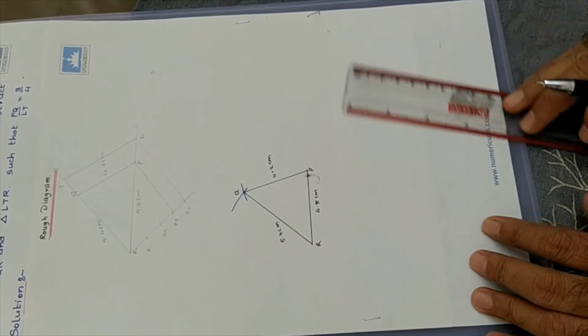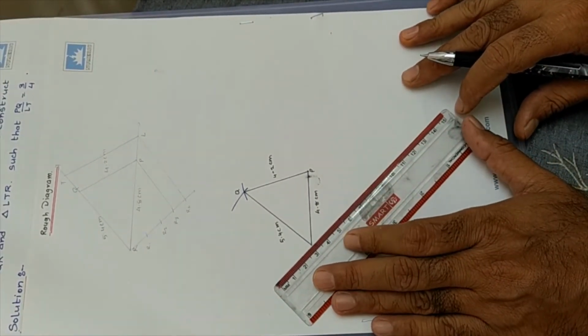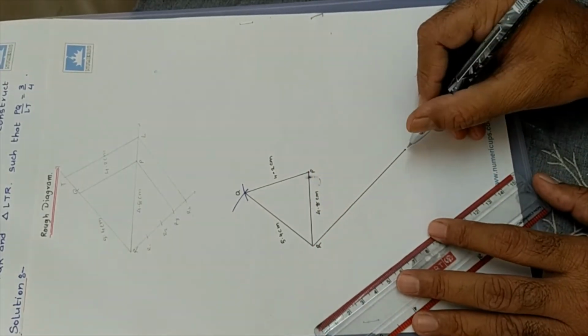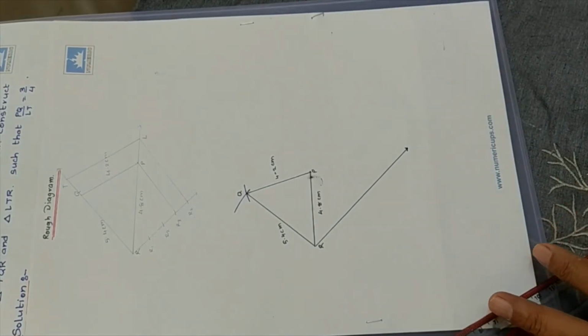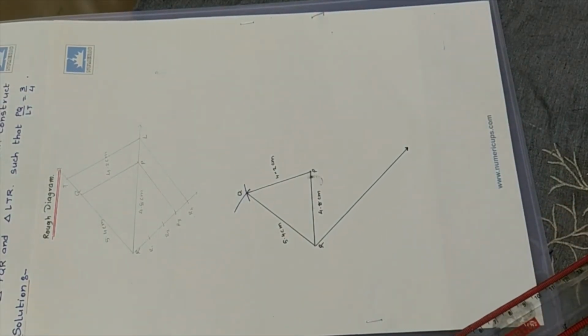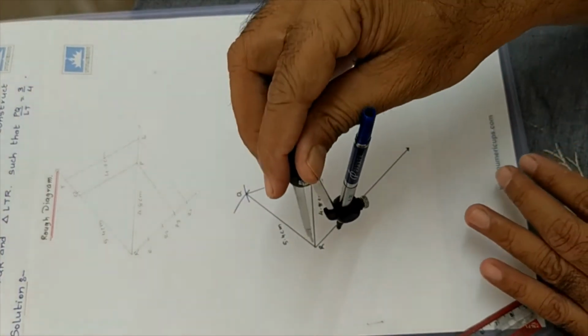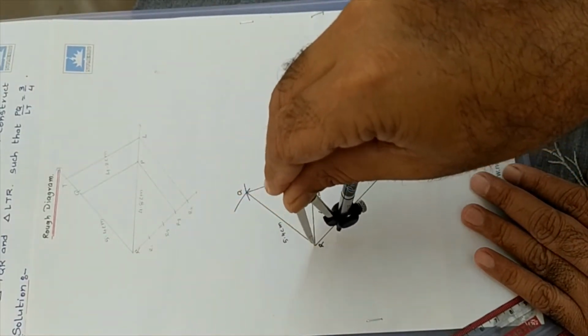Now after this you have to draw a ray. From R you have to draw a ray at any angle like this. Now you are going to divide the ray into 4 parts. So take a small distance in your compass like this, put your compass on R and draw one arc.